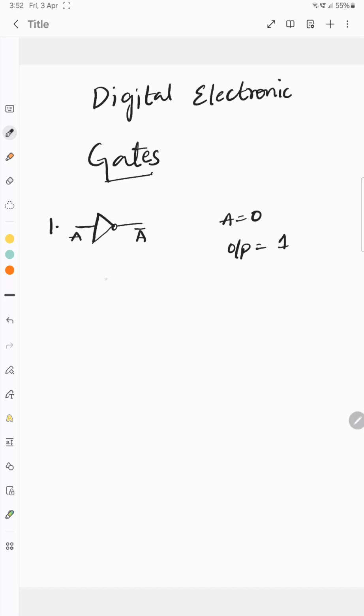So the truth table for this is, based on this we can see: A bar is the output, right? If A is 0, it is a single digit. Electronic and machine components take only binary numbers, 0 or 1. So if A is 0, then A bar will be 1.